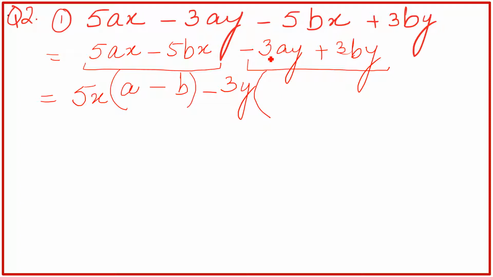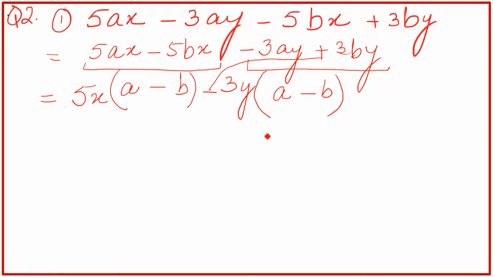So 3y we have taken as a common. What is left? a is left, and then it is positive. But please do not put the positive sign here, because we have taken negative as a common. This negative and positive will multiply. Positive times negative is negative. And 3y is a common, only b is left.